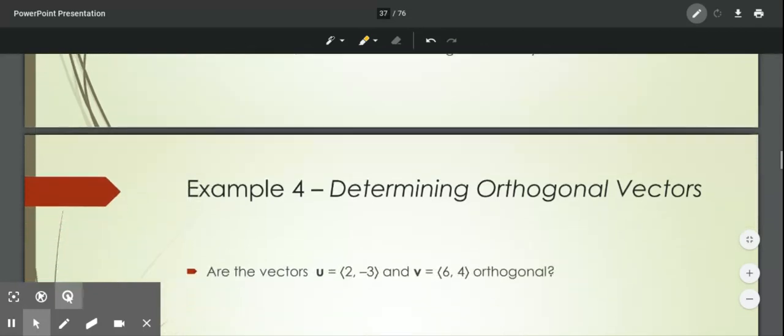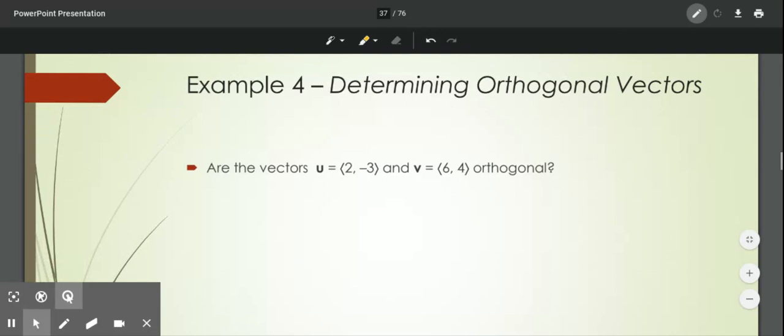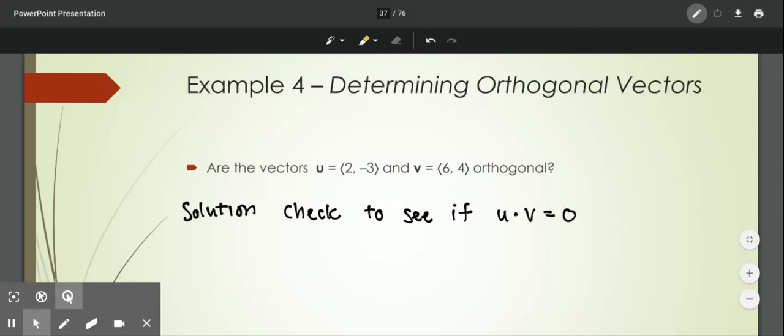All right, so here in example 4, we have to determine orthogonal vectors. If the question is, are the vectors orthogonal, what you're going to do for your solution is check to see if u dot v equals 0. To determine if two vectors are orthogonal, see if their dot product equals 0.